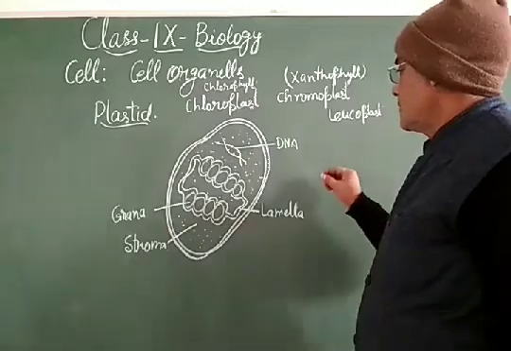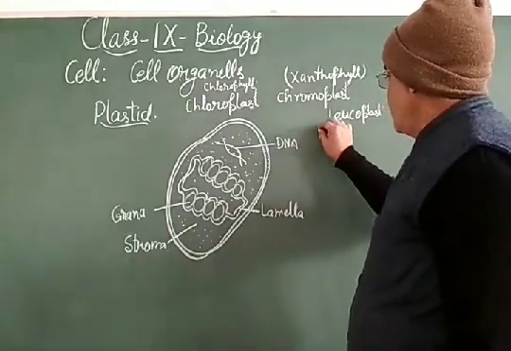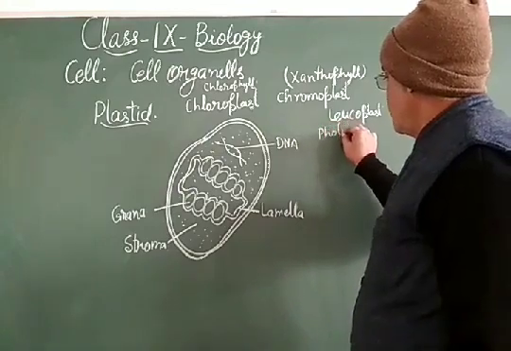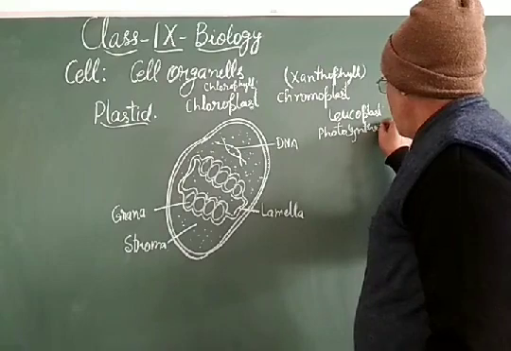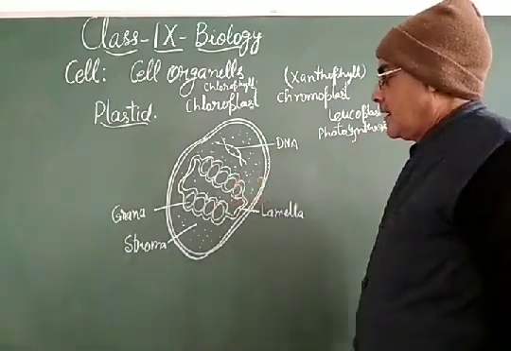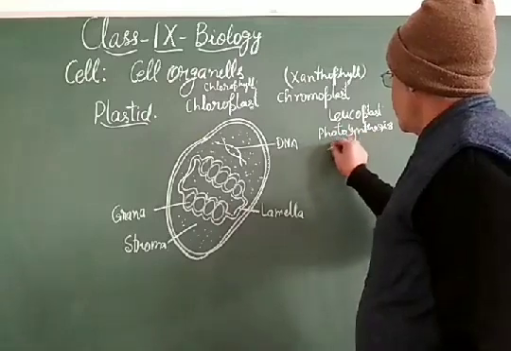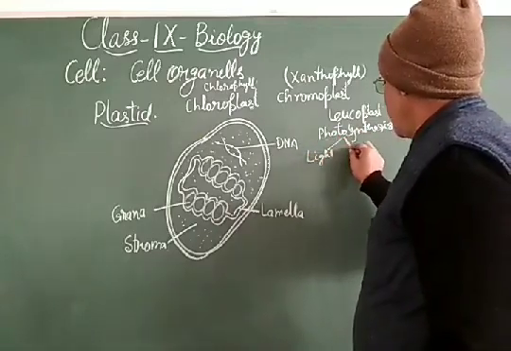My dear students, the function of this plastid is photosynthesis. And as you know, in the process of photosynthesis, in these grana there are two processes: light and dark reactions.